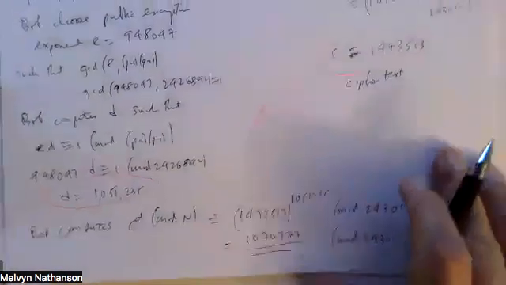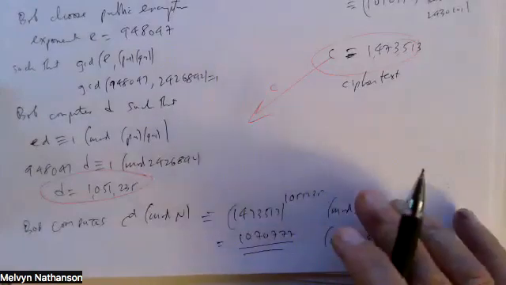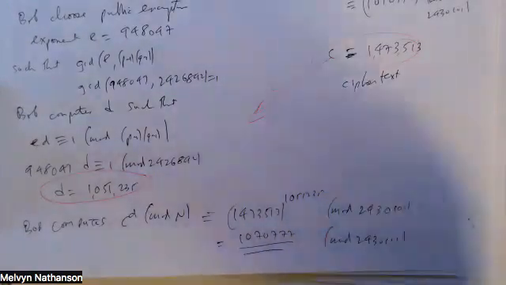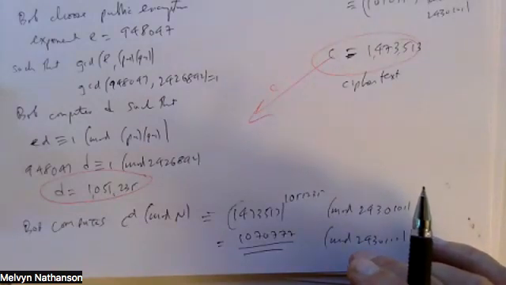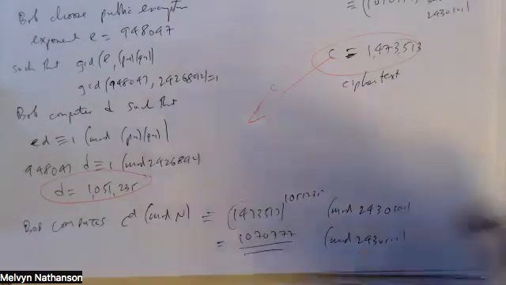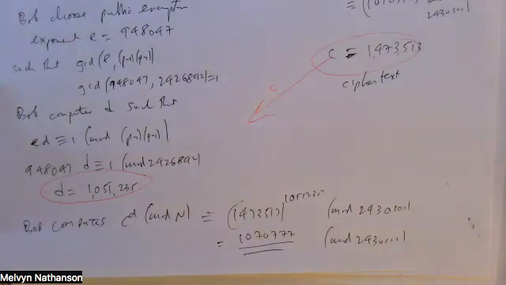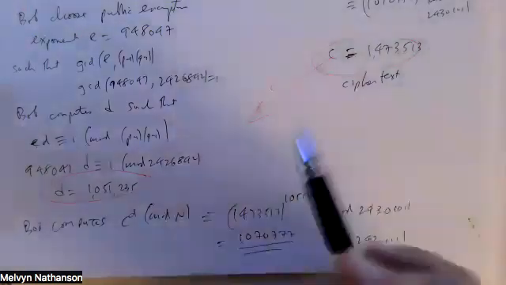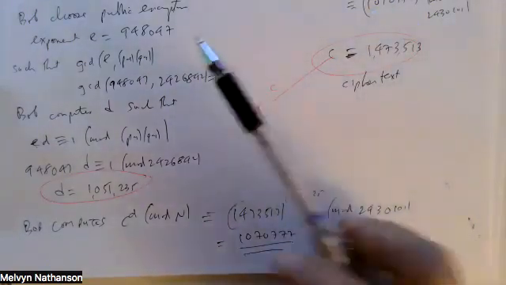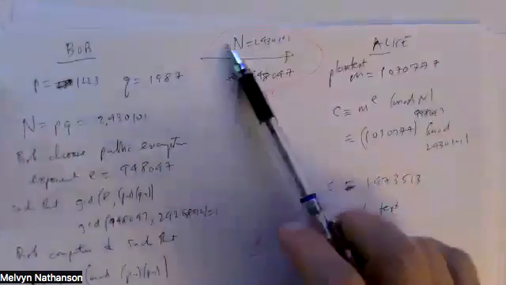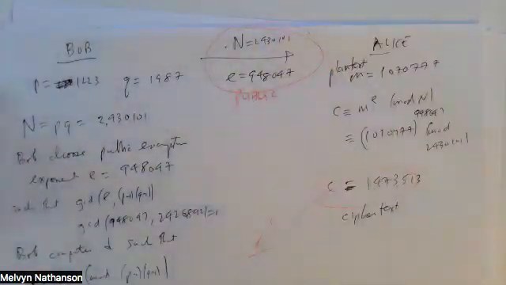Okay. Now, why is this okay? Why does this actually work? Well, partly it's a matter of belief and experience and not proof. You see, in order to decipher the message, you have to know that this number N, which is a product of two primes, can be factored.